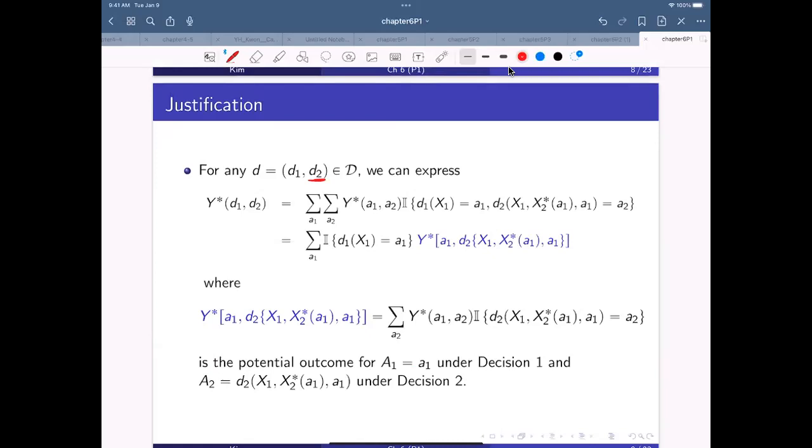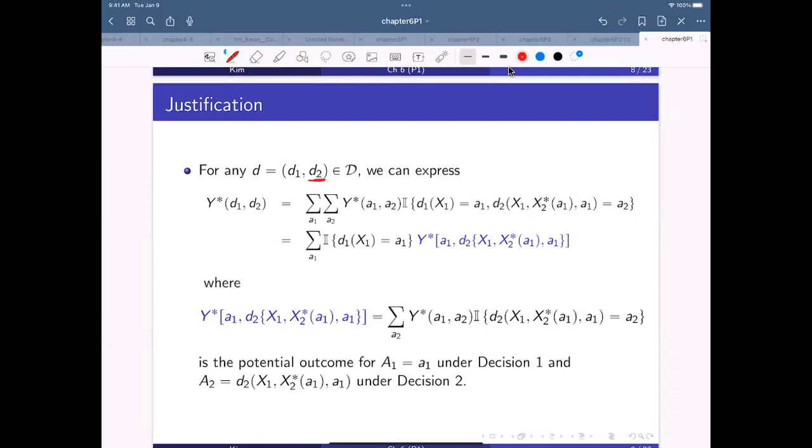You can make a product, move this one to here, and take the summation over A2 of the potential outcome Y star A1 D2, where Y star A1 D2 is a function of A1, but D2 is a decision rule that we know already.